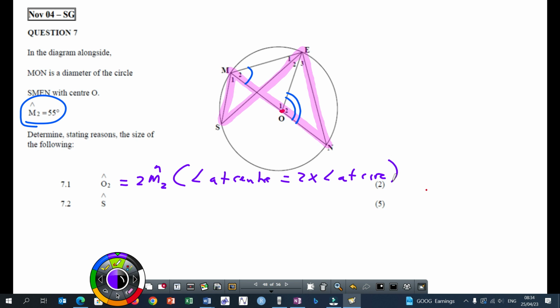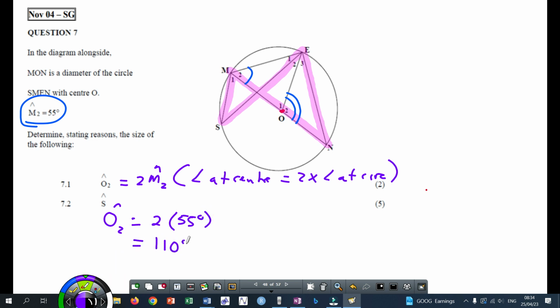So angle O2 is going to be 2 times 55, and the answer that you get there is going to be 110 degrees. So that's the answer for 7.1. Okay? Yes?